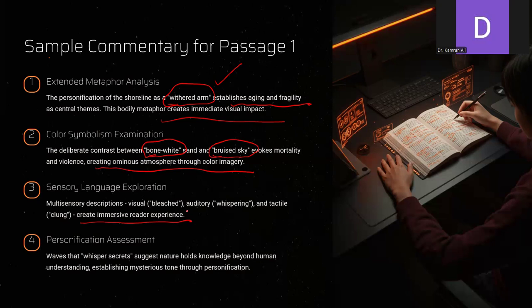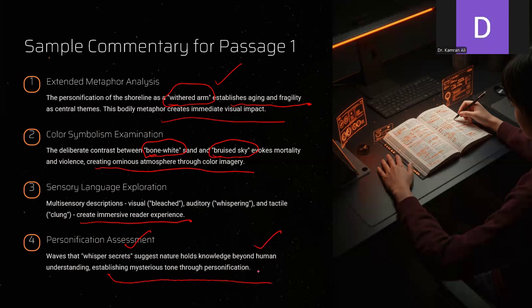Then personification assessment, waves that whisper secrets suggest nature holds knowledge beyond human understanding, establishing mysterious tone through personification. So once again, the explanation of the meaning you actually receive when you're reading the text, identification of the device and the effect, right?